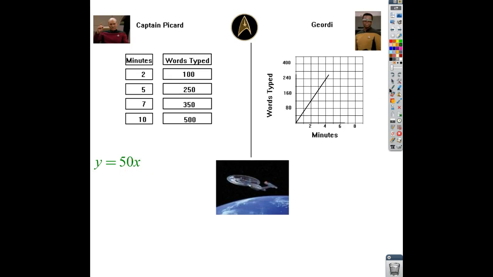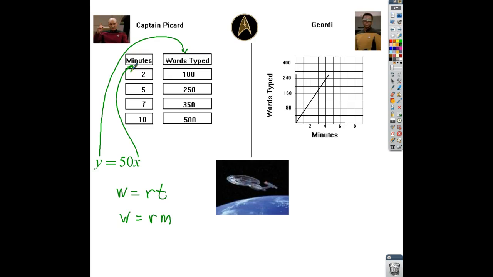You might have had words equals the rate, the speed at which he types, times either time, or the number of minutes, okay? It doesn't really matter, but what we should do is define each of these things. So we'll say that y is words typed and x is minutes, okay?